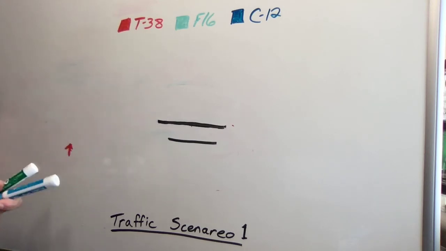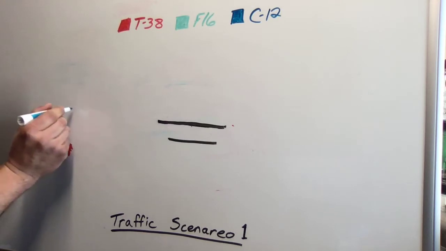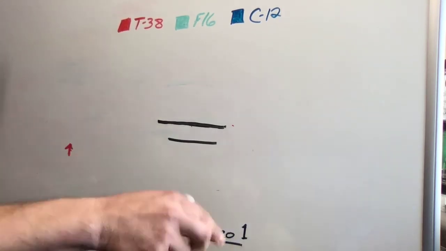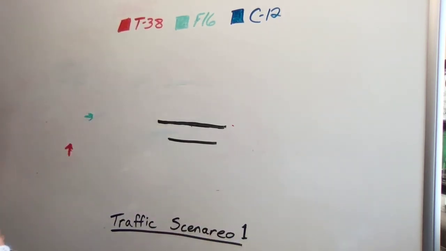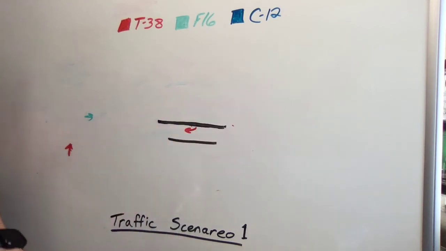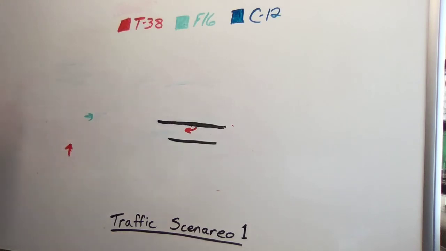The F-16 was about 6 to 7 mile final. And the T-38 on the go was midfield.